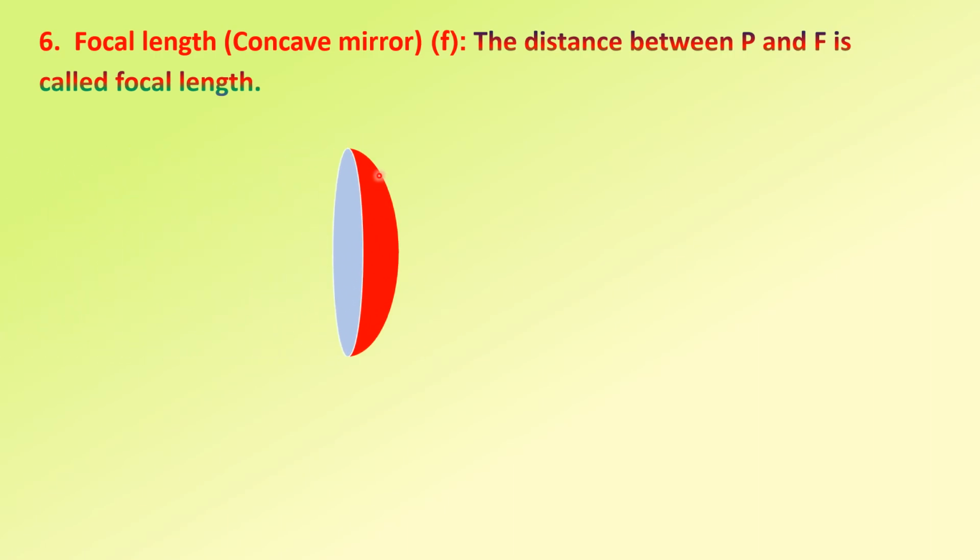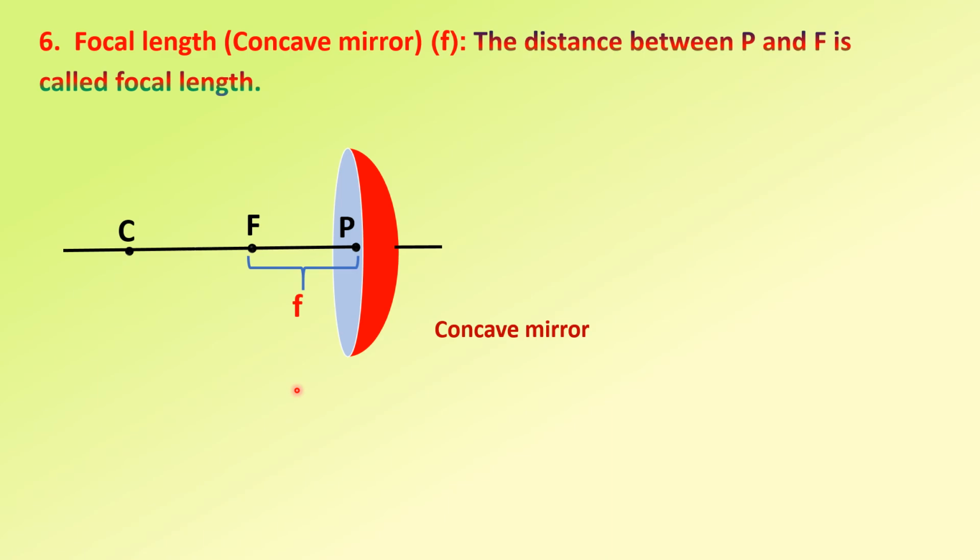See here, this is the concave mirror. P is the pole, C is the center of curvature, here is the focal point F. So this is the principal axis, and the distance between P and F, the distance between pole and the focal point is called as the focal length.